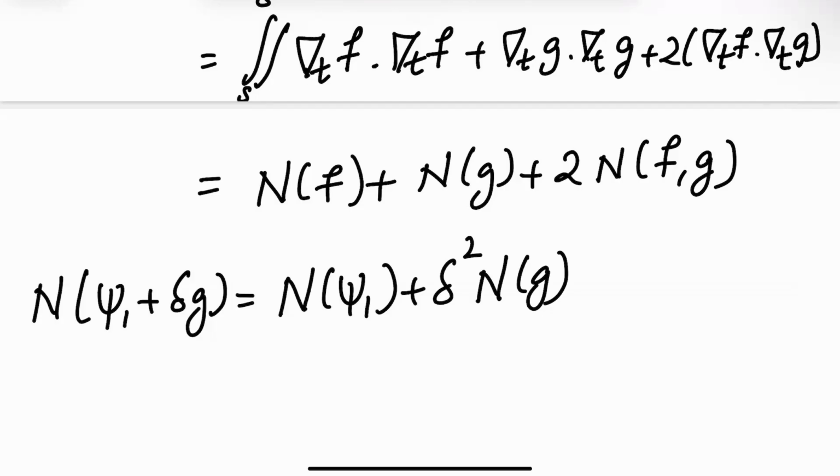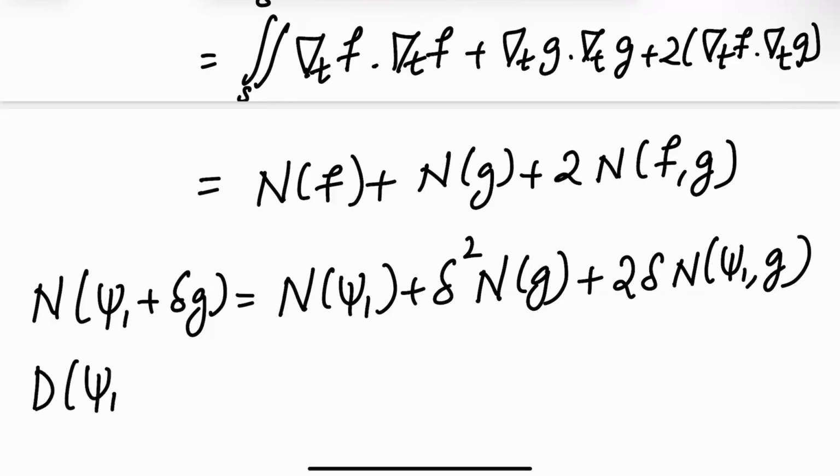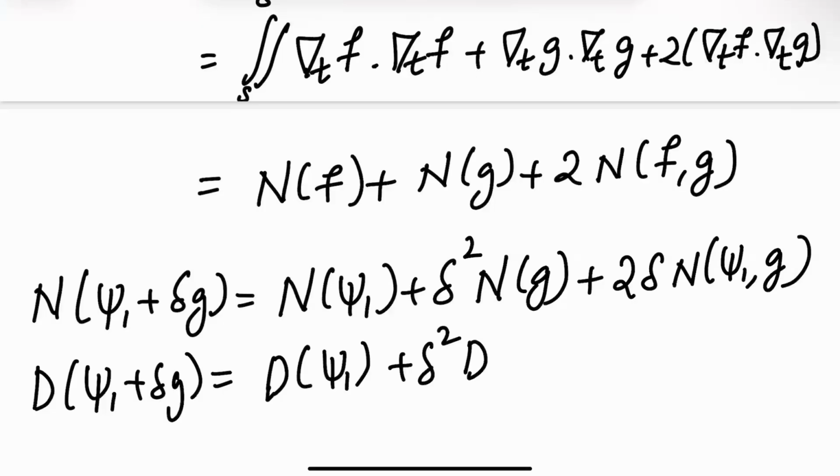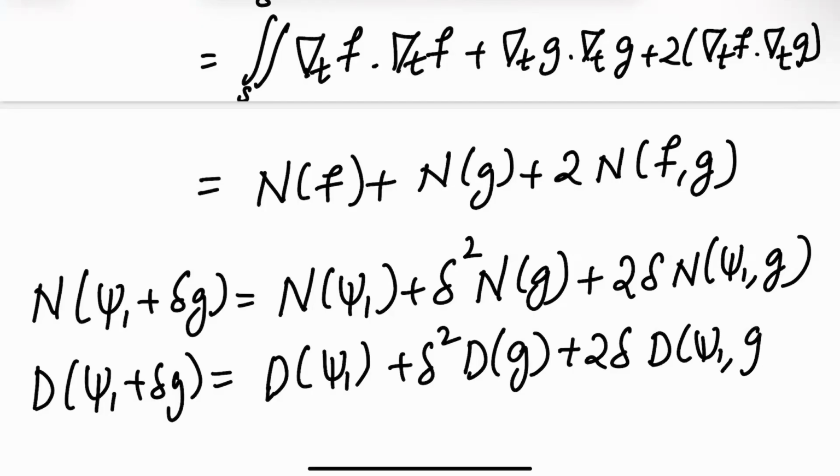So you get two factors of delta that come out. Plus 2 delta n of psi1 comma g. And we also have d of psi1 plus delta g is equal to d of psi1 plus delta square d of g plus 2 delta d of psi1 comma g.